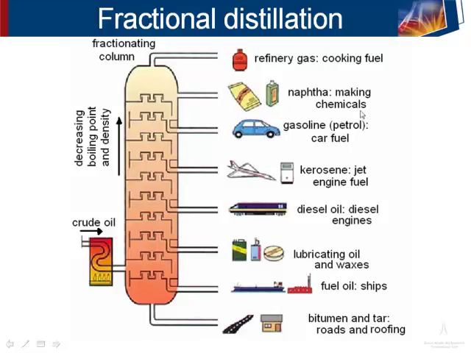These are petrol and organic solvents such as naphtha, which is used for making chemicals. At the top here we have refinery gas, which is used as cooking gas, and that's C1 to C4 and a boiling point range of minus 161 to 20.